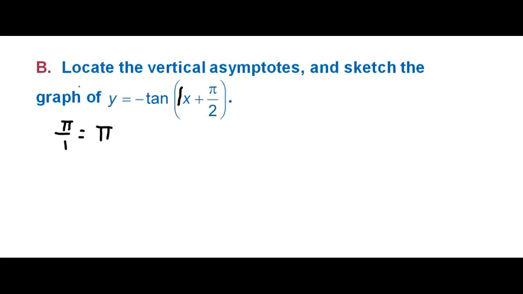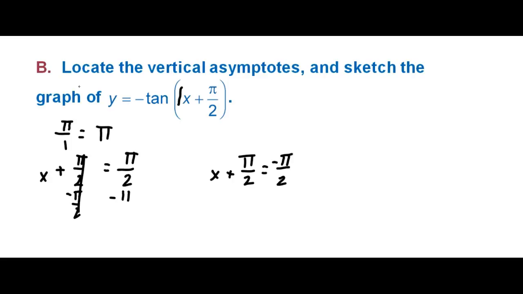We'll set what's inside the tangent equal to positive pi over 2 and negative pi over 2. And we find that when we subtract pi over 2 on this one, we get x is equal to 0. So there's our first asymptote.